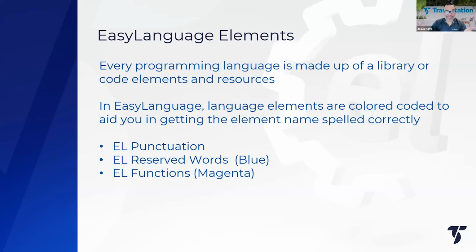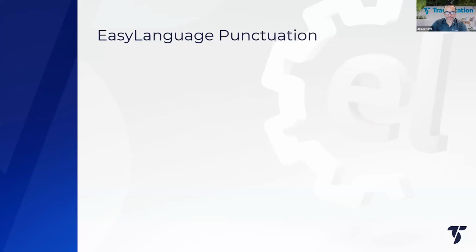And if it doesn't turn magenta, it's probably because you mistyped it. So make sure that you look at the spelling and make sure you're doing it correctly to make sure that EasyLanguage is able to understand it. So that's one of the good benefits, or highlights, of EasyLanguage, that it color codes your language so that you know that you're on the right track, especially if you're typing in functions or reserved words.